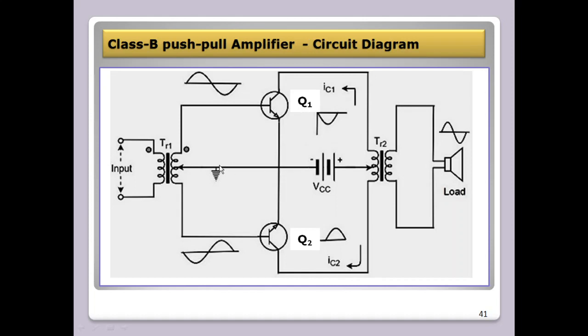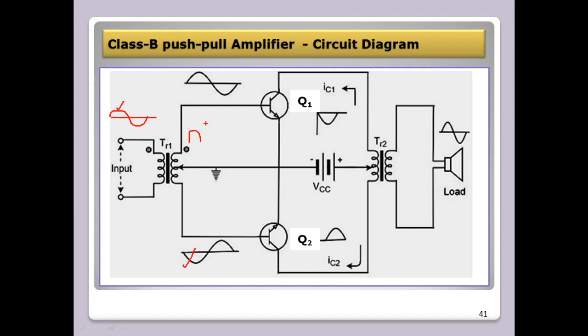See here, as the input is applied, let us assume an AC input is applied. During the positive half cycle, the transformer primary, this end is positive, and as it is 180 degrees out of phase, this end is negative.